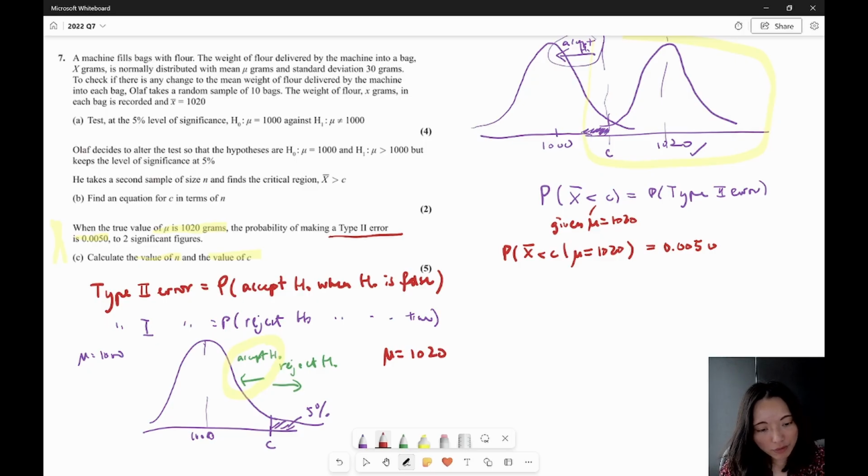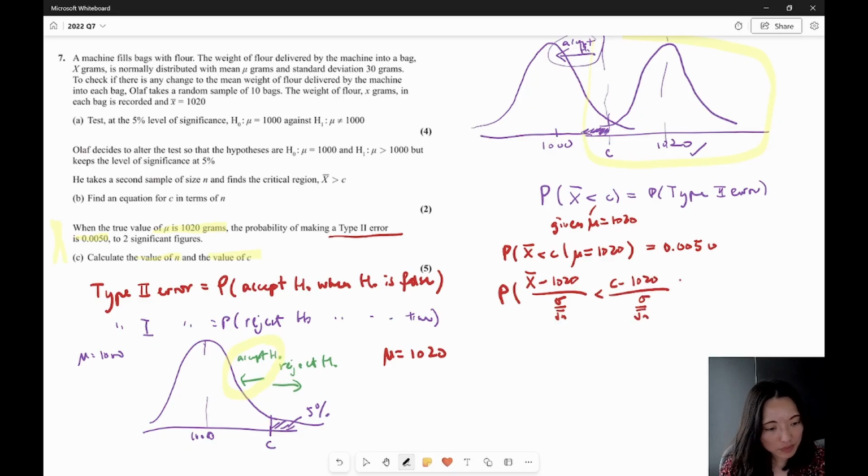Now, we're able to convert what's in the probability bracket into a standard normal distribution. Probability of x bar minus 1020 over, what is the standard deviation? Again, sigma over root n, less than C minus 1020 over sigma over root n. That equals 0.0050. So again, this is my z.